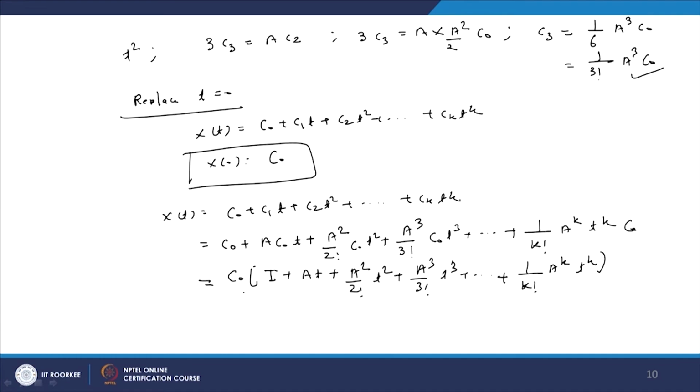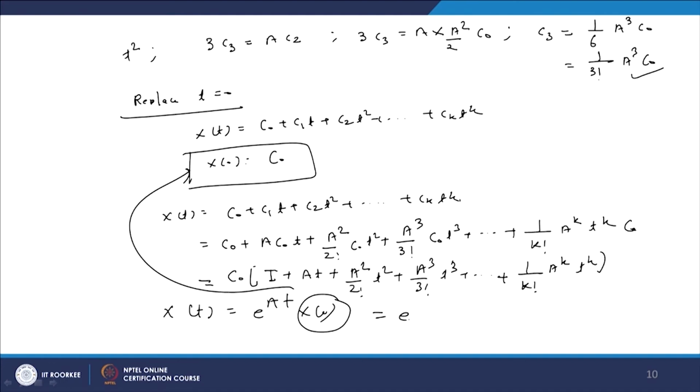Now, what is x of t? So, x of t is equal to e raised to at into x naught, and what is x naught? This x naught we have already calculated as c naught, and therefore, e raised to at into c naught. If you compare this equation, this is the same equation.